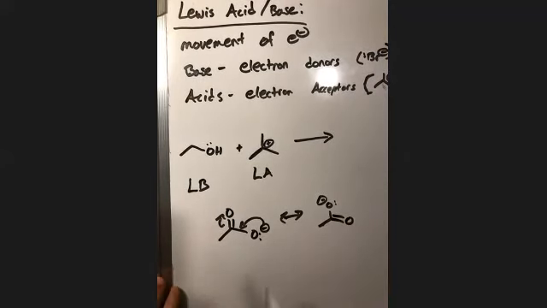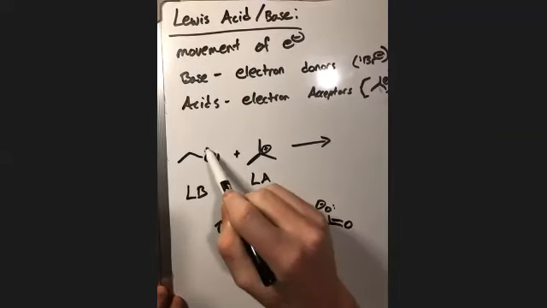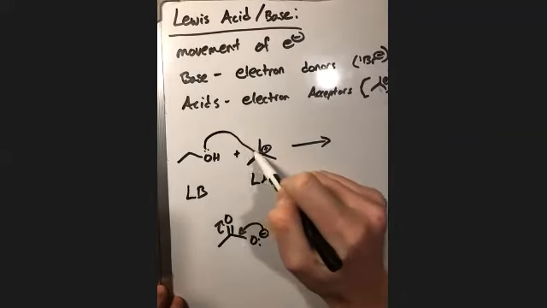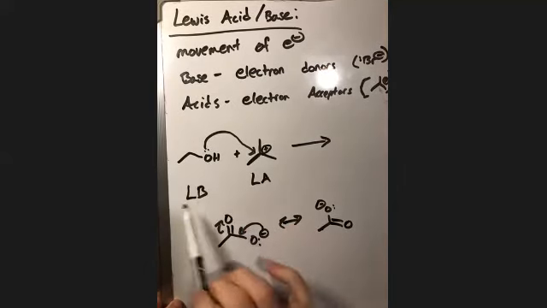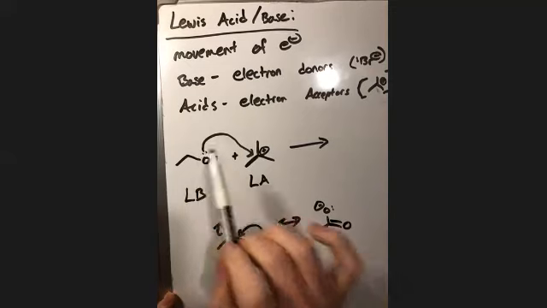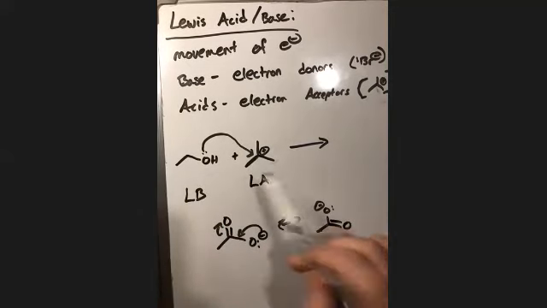So just like this, you can use this arrow from that lone pair to the carbon and show that you're creating a bond with your Lewis base, your Lewis acid. So this lone pair creates the bond to this carbon that has the positive charge.